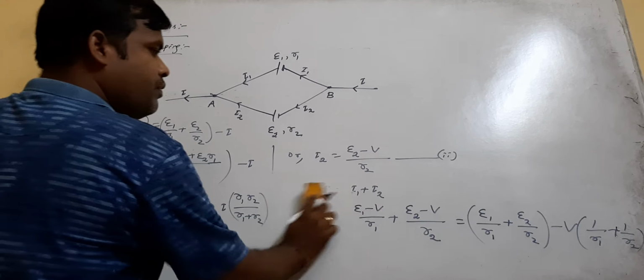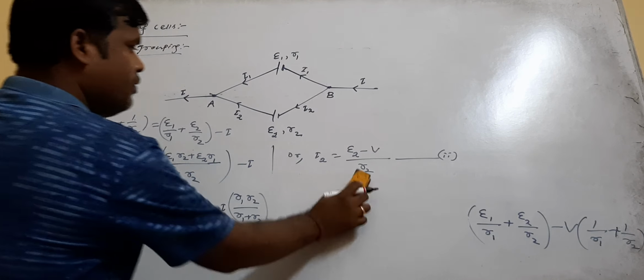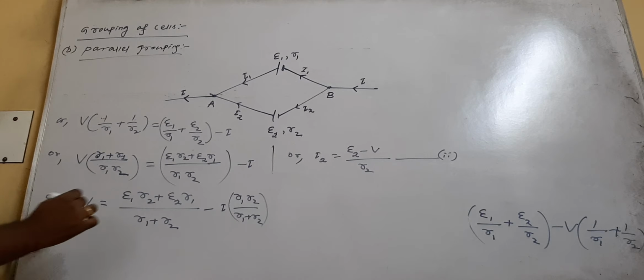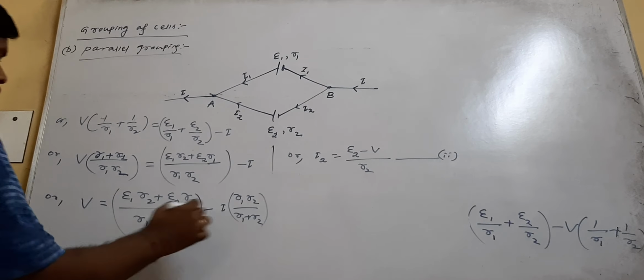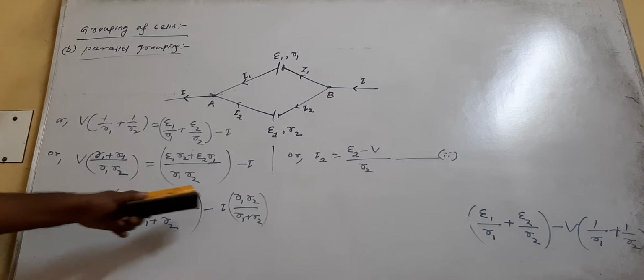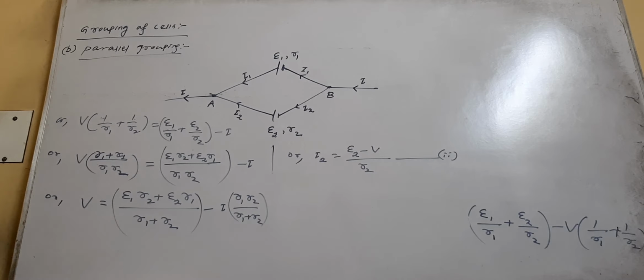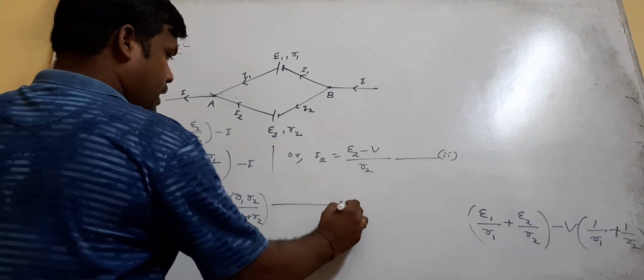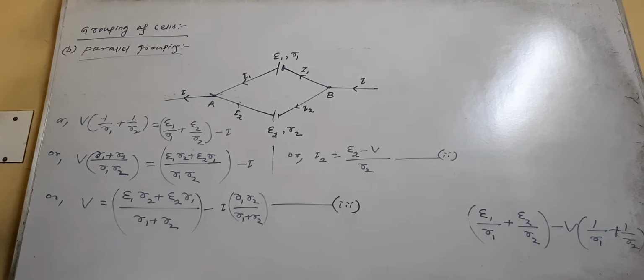So now V is equal to E1 R2 plus E2 R1 divided by R1 plus R2 minus I whole into R1 R2 by R1 plus R2. You take it as equation number 3.